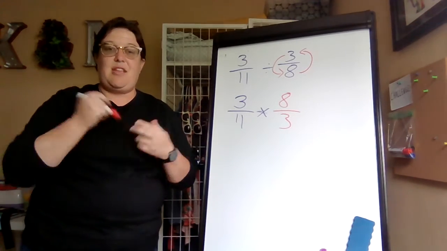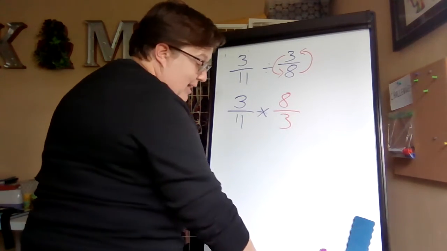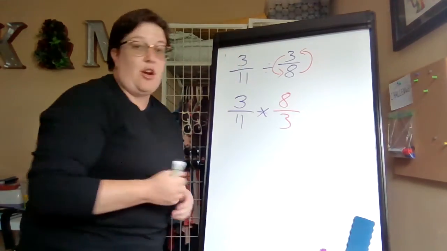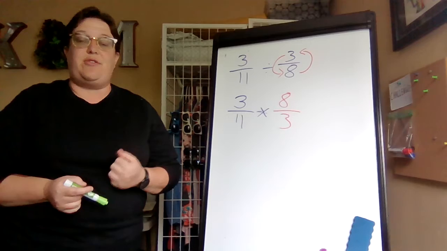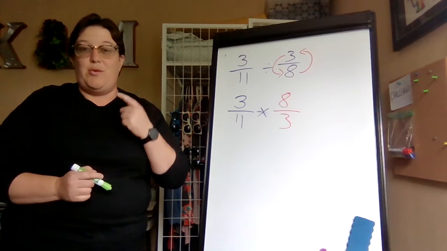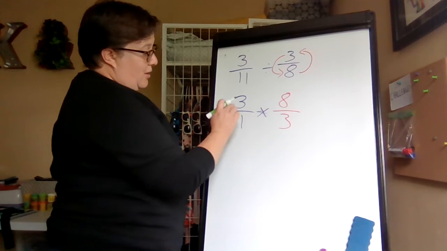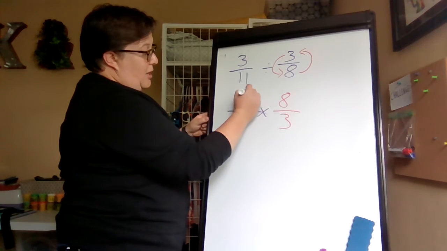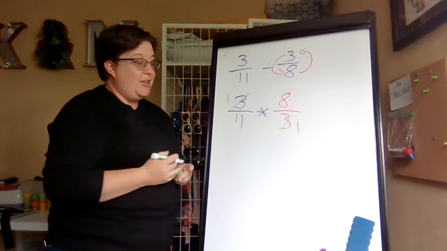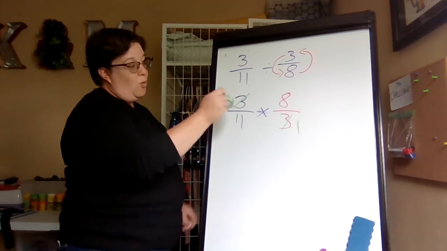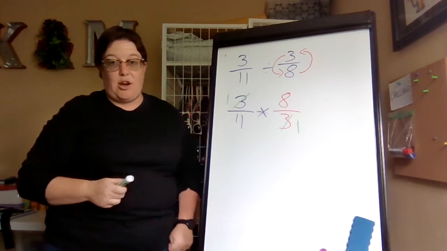Okay, step two is exactly what we learned about in our multiplying fractions videos. You don't want to just multiply across because then you have to remember to simplify at the end. What you want to do is simplify now. Okay, 3 and 3. 3 can go into both of those, so that's 1. That's 1. So now I'm multiplying 1/11 times 8/1.